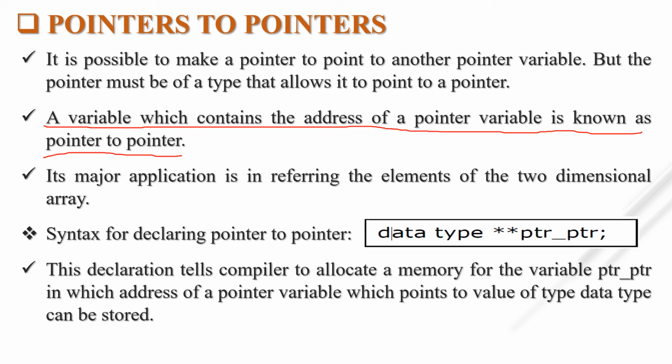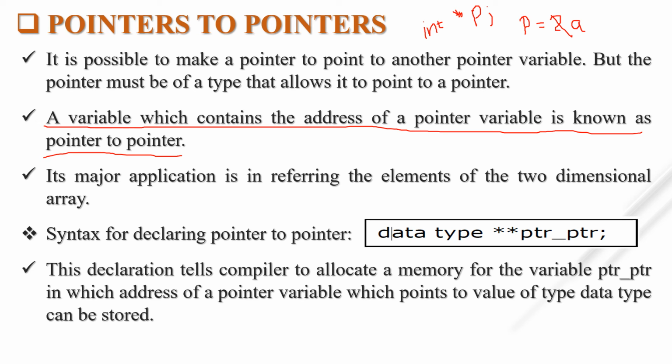For example, if we declare pointer p in integer data type, and I assign p equal to address of a, what will p contain? p contains the address of a normal variable.